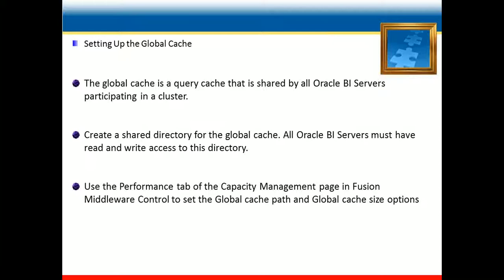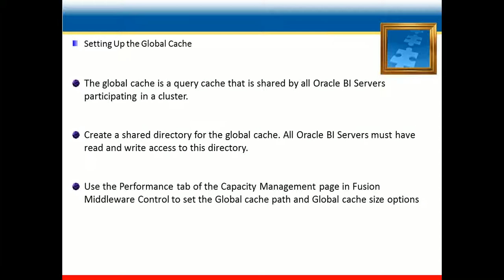The next, setting up the global cache. The global cache is a query cache that's shared by the Oracle BI servers participating in a cluster. It is also necessary to make a shared directory for the global cache, and all the BI servers must have read and write access, like the previous one.